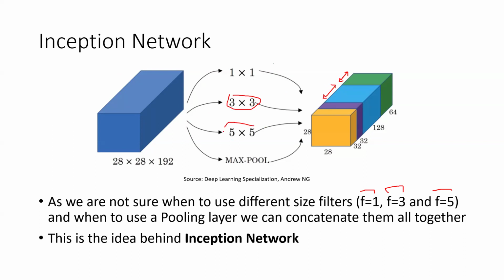Then we apply a 5x5 filter on the same input and get this purple color tensor. And you also apply the max pool and get the yellow color tensor. So we concatenate all these tensors together as the output tensor. This is the idea of inception.